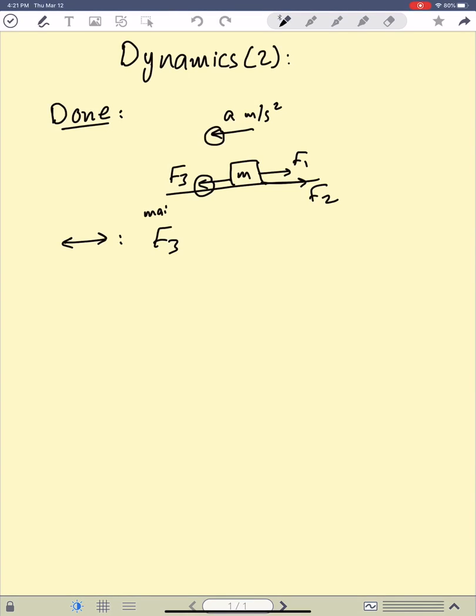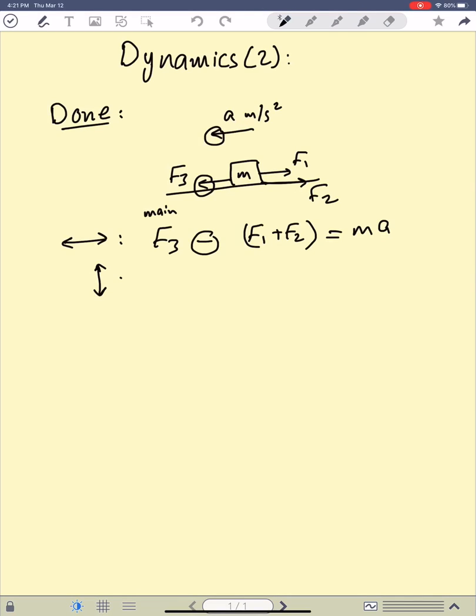It's very important to understand this always in mechanics. F1 and F2 oppose F3, so we add them and subtract from F3, because they oppose the main force. F3 minus (F1 plus F2) is equal to MA.